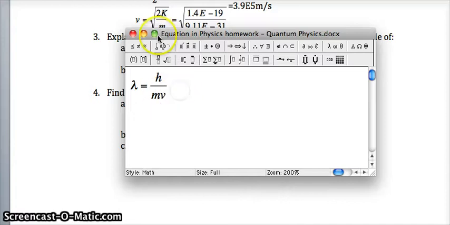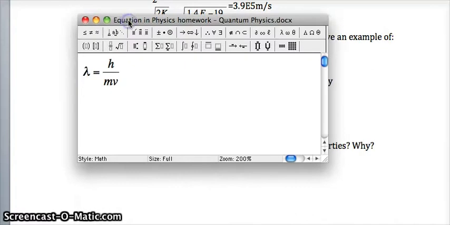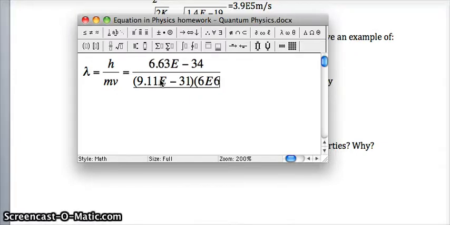So if it's an electron moving at 6.6 times 10 to the 6th, which we've seen is a reasonable speed, that's going to be 6.63 times 10 to the negative 34, Planck's constant, divided by 9.11 times 10 to the negative 31. That's the mass times the velocity, which is 6 times 10 to the 6.